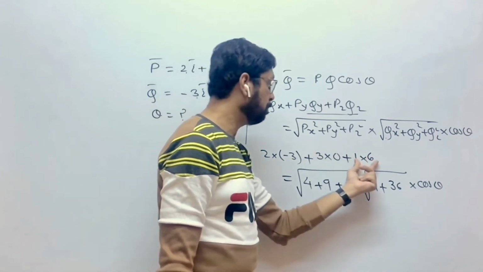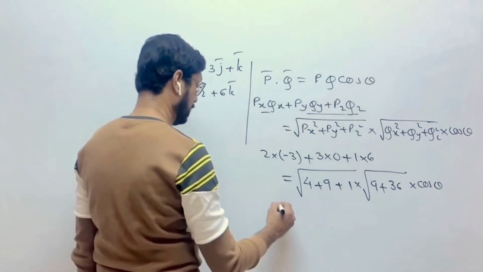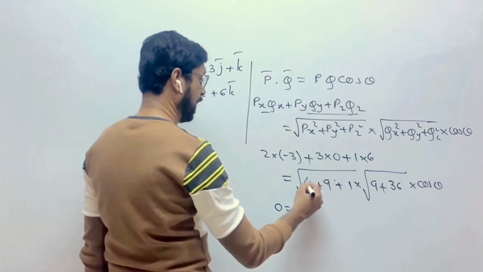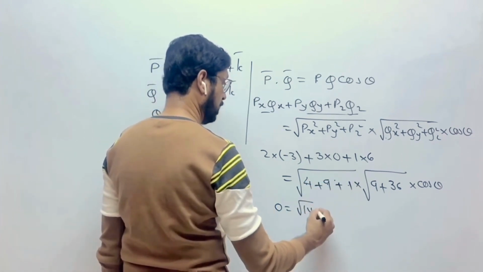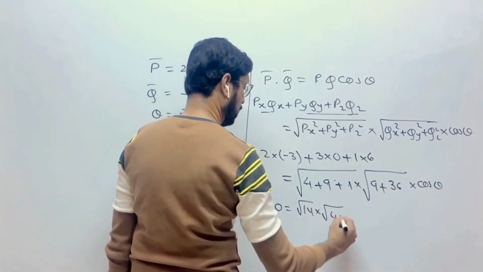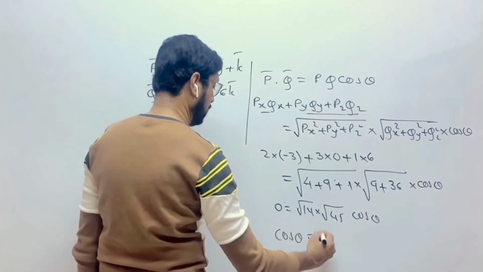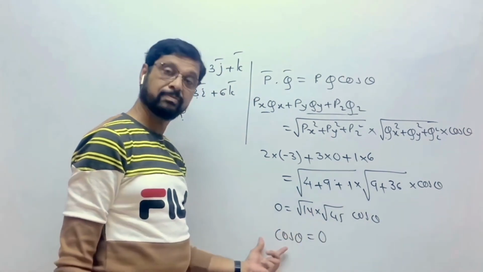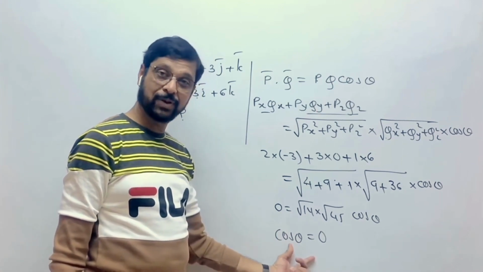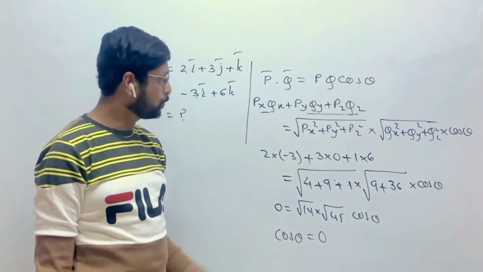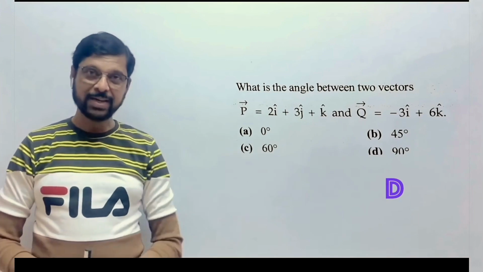Minus 6 plus 6 is how much? 0. So 0 is equal to 9 plus 4, 13 plus 1, under root 14 into under root 45 into cos theta. So cos theta will be equal to 0, correct? And cos theta is 0, means theta is equal to 90 degree. So your answer is D, 90 degree.